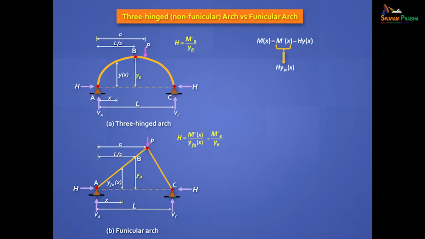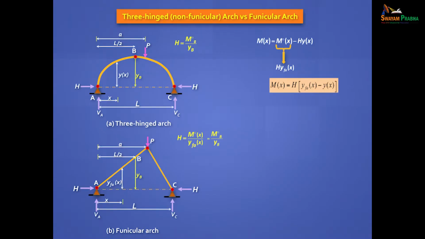We can go one step further and say that M naught X can now be written as H Y FA of X, or in other words, the net moment. We should have ideally given this much of rise in the arch.